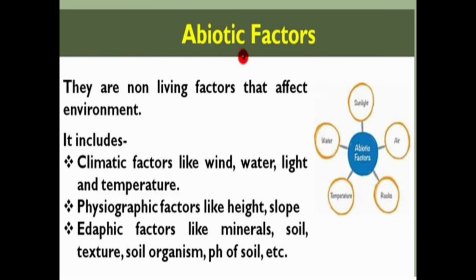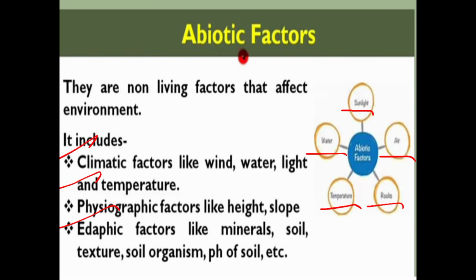As we can see in the figure, examples are given: sunlight, water, temperature, air and rocks. These are the abiotic factors. These abiotic factors are categorized into three types. That is climatic factors, which include wind, water, light and temperature.